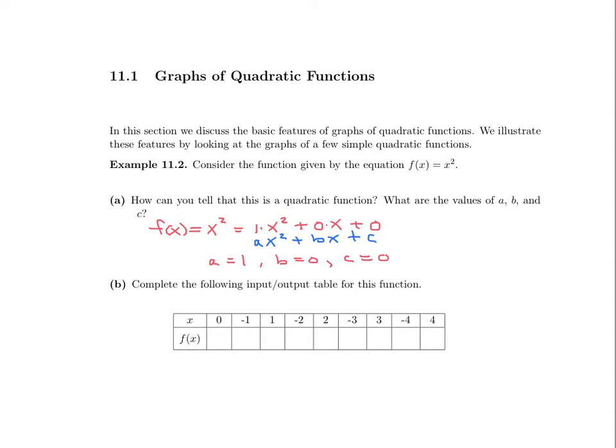So let's do that. 0 squared is 0, negative 1 squared is 1, 1 squared is 1, negative 2 squared is 4, 2 squared is 4, negative 3 squared is 9, 3 squared is 9, negative 4 squared is 16, and 4 squared is also 16.